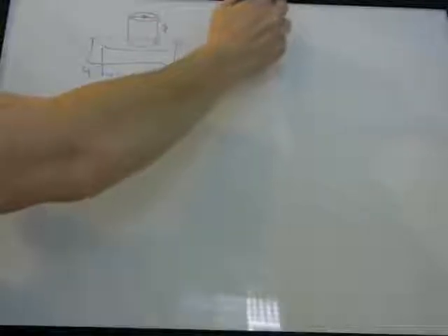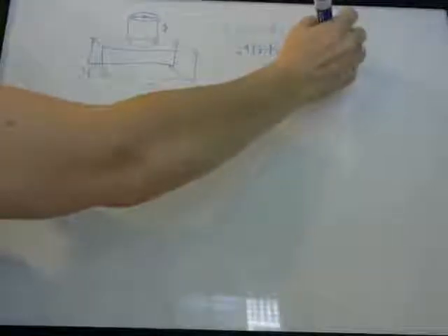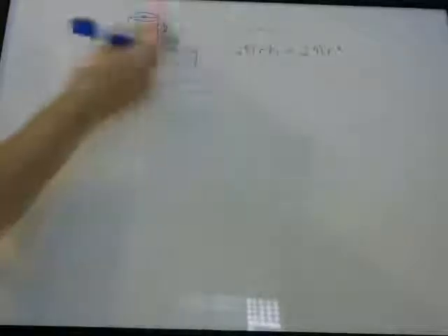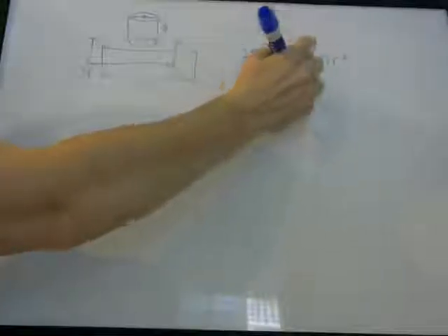Okay, so let's find the surface area of the cylinder first. You go to our formula sheet, it's 2 pi r h plus 2 pi r squared. 2 pi r h, that's giving you around the thing. So 2 times 3.14.